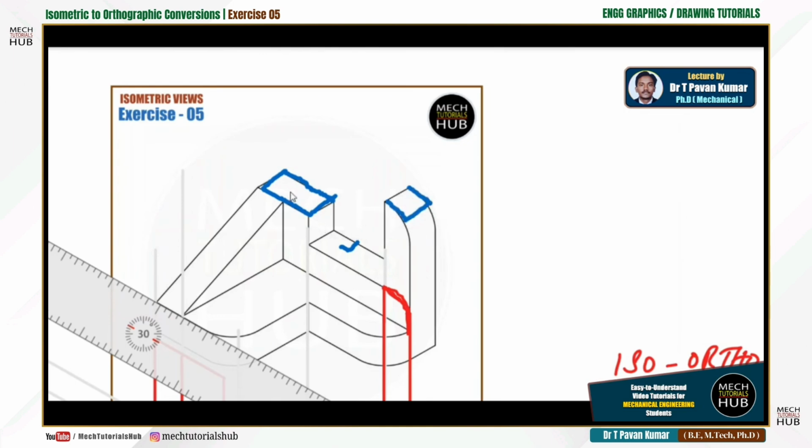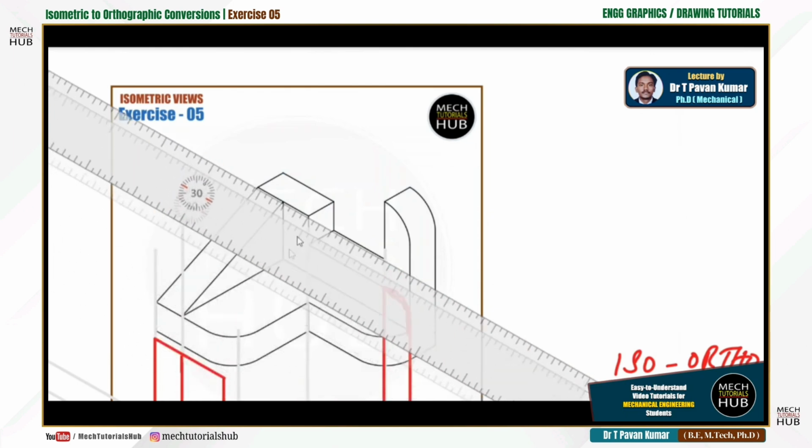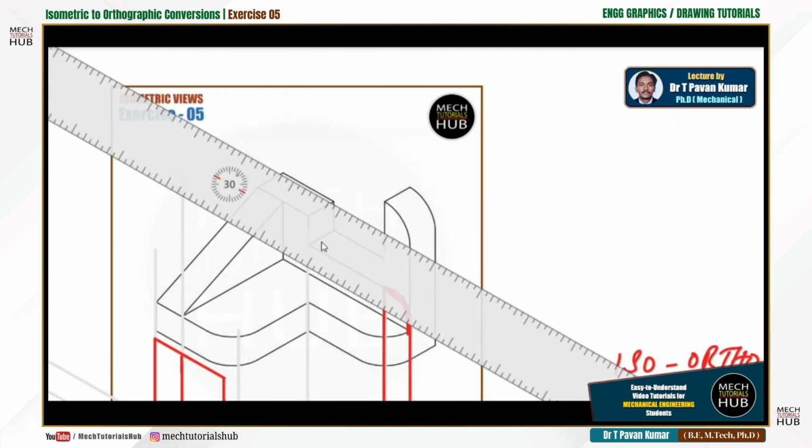So 1, 2, 3 boxes, followed by this, which will also look like a box, not like a slant edge, and this profile. These are all visible. Let us see how exactly we can develop the model this way, so that you'll have a better idea about developing the component. Let me draw by aligning with the horizontal.